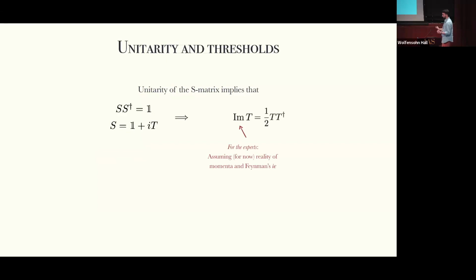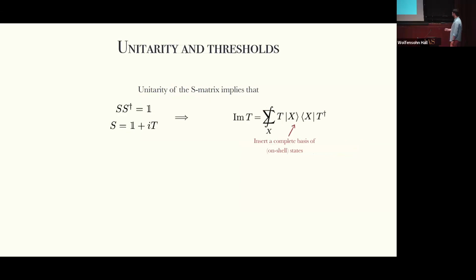But the point is that in the end, these assumptions won't matter. So there's no loss of generality, at least at the moment, in calling this the imaginary part of T. As reviewed in this very nice book by two of our organizers, while this equation makes the positivity of the imaginary part manifest, it doesn't really make the singularity structure of the amplitudes manifest. So often it's convenient to insert a complete basis of states X here, with a missing factor of 1/2.